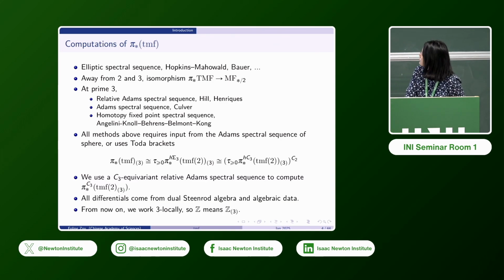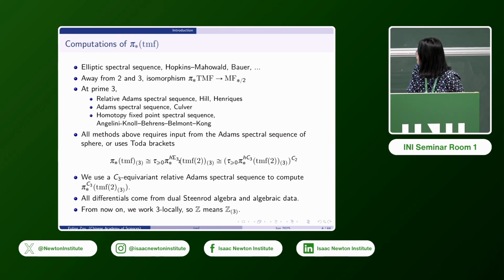And the approach I'm going to use today is the following. Recall we had this isomorphism of homotopy groups of this equivariant homotopy group and this non-equivariant homotopy group. Because we are focusing on the 3-primary part, we can first take the C3 fixed points and then take the C2 fixed points this way.